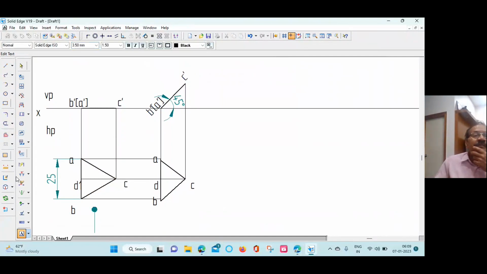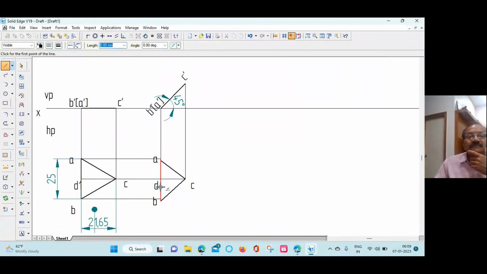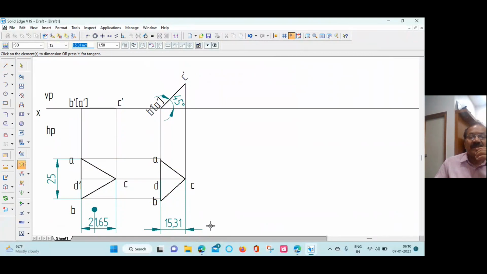CD1 is the original length of the median, and C to D is the apparent length of the median. So original length is 21.65. This comes to be 15.31.